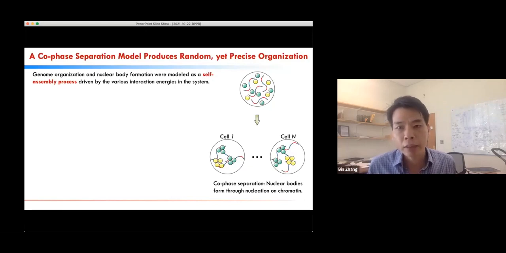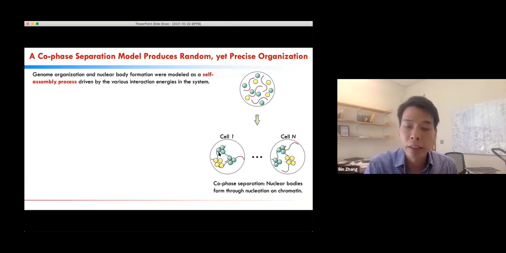The idea is that the genome and the nuclear bodies can form through a self-assembly process, basically a co-phase separation mechanism. As shown here in this mechanism, the nuclear bodies will nucleate around the chromatin segments because of favorable interactions.